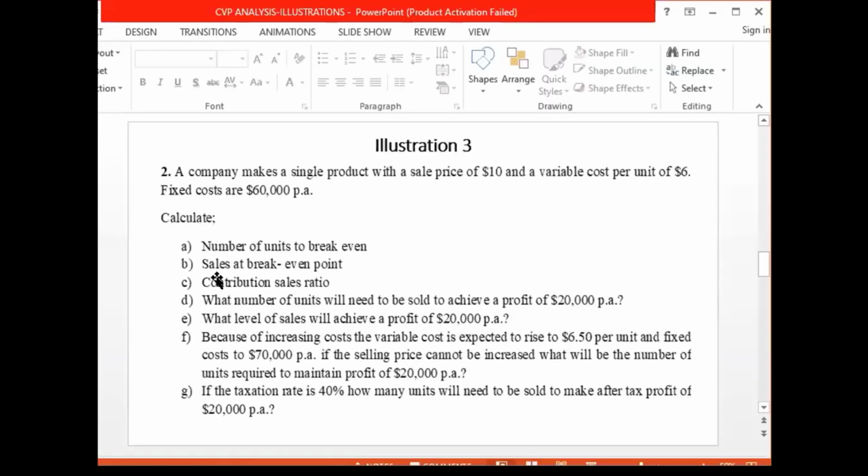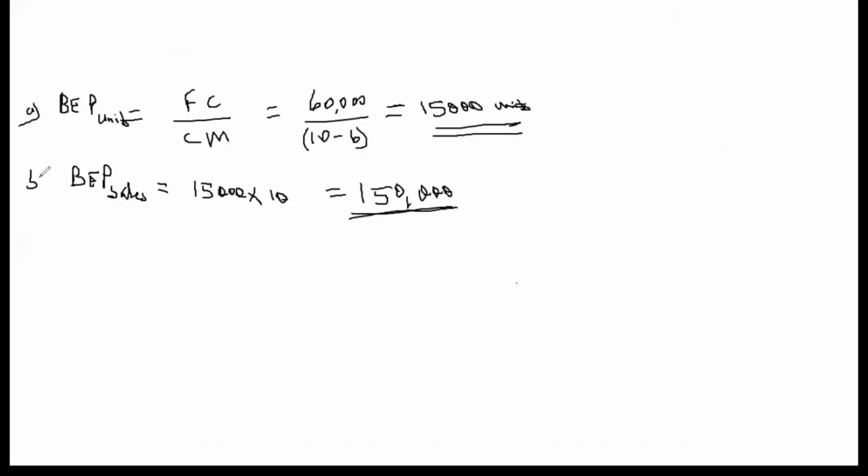So sales at break-even point, then contribution sales ratio. Contribution margin ratio is equal to contribution margin over selling price.